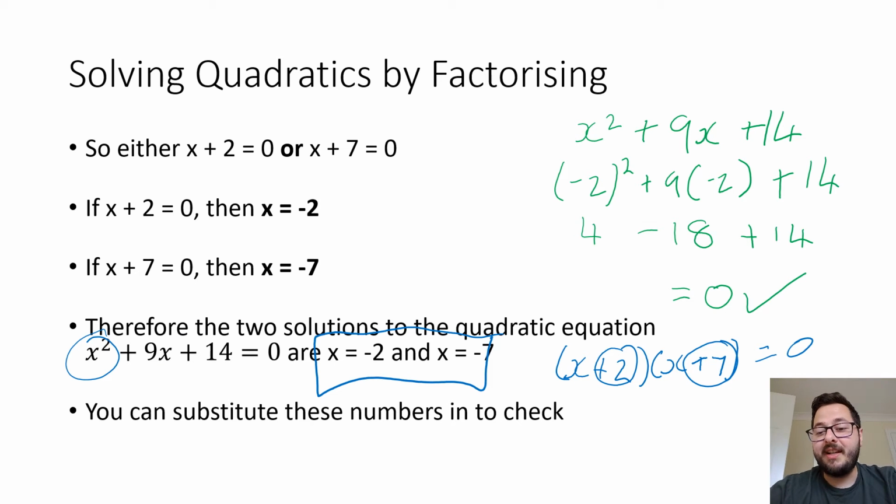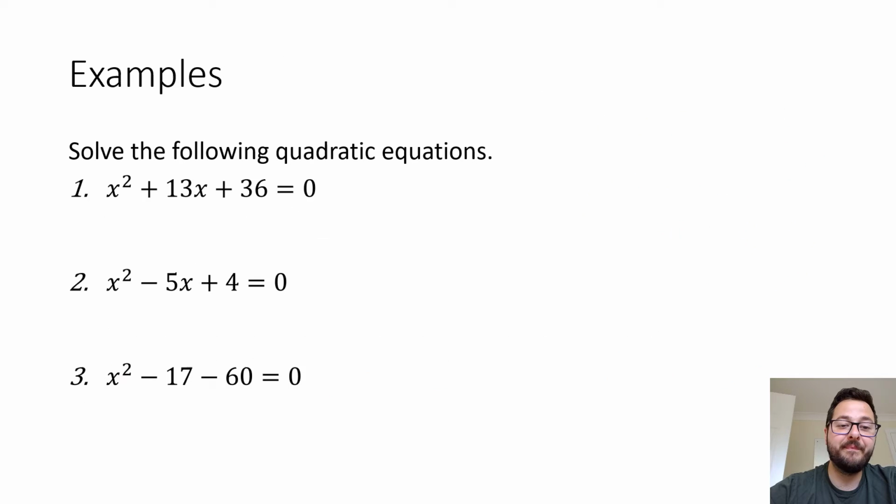This is the logic behind it, and this is what will work if you're doing higher and you end up having to factorise expressions where you've got more than one x squared term. But for these simpler ones, whatever these numbers are, just do the minus of them. We'll do that with some more examples in a bit.